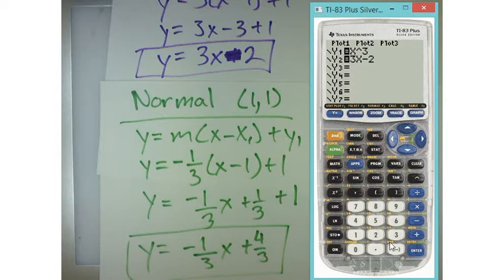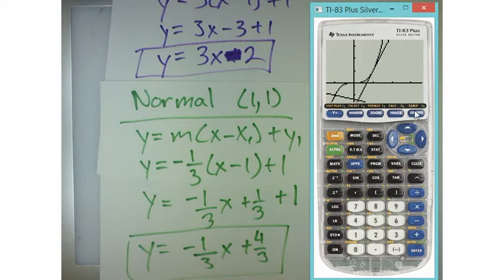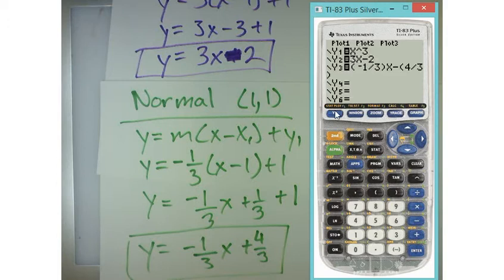So what I'm going to do is say negative 1 divided by 3, and I'm going to put that in parentheses, times x minus, and then in parentheses again I'm going to say 4 divided by 3, and graph it. Uh-oh. What did I do wrong? Everything. Did I graph that right? Let's see if I graphed it right. Plus 4. Ah, it's plus 4/3.